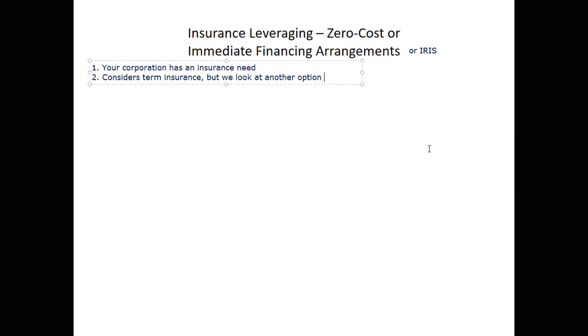You'll see this illustration done where we say, hey, if you buy term insurance, it's going to cost you this much. And if you don't die, it doesn't do you any good. So we look at an alternative permanent insurance solution. And the way this is going to work, we acquire some permanent insurance in the corporation.